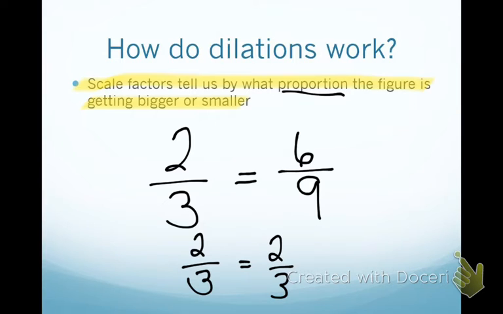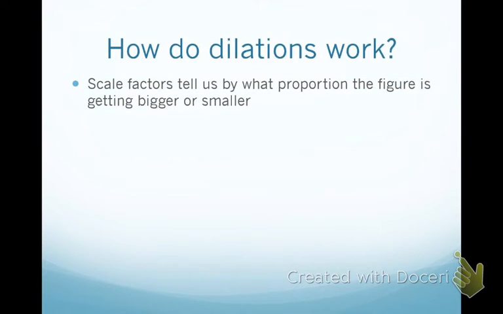Okay? But what about, let's say, 2/3 and 15 over 25. You go ahead and write the fractions in simplest form and you tell me if they form a proportion. All right, so in order to tell if two ratios form a proportion, they have to be in simplest form.